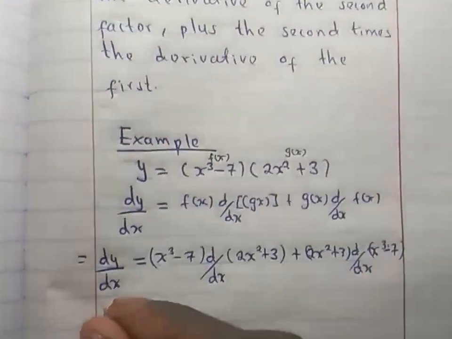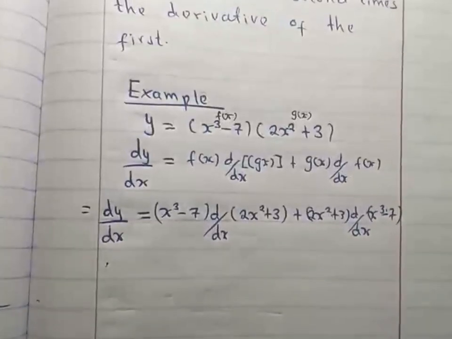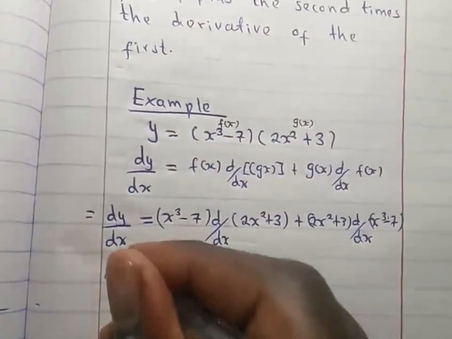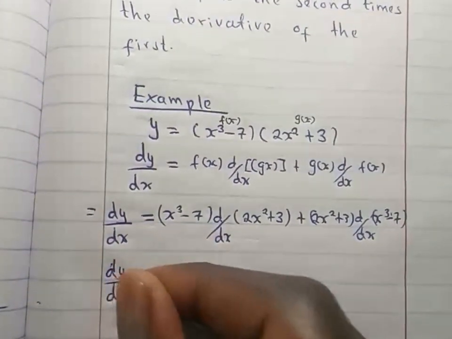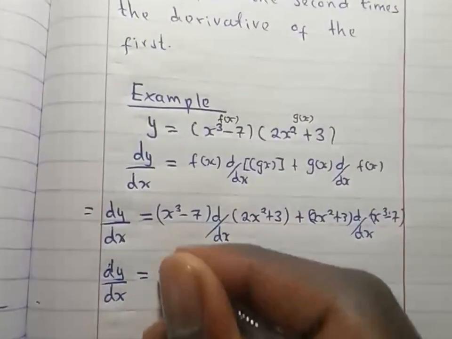So my dy/dx is equal to x cubed minus 7.